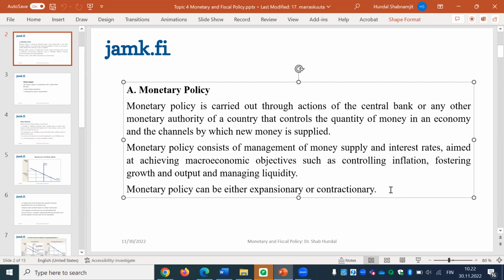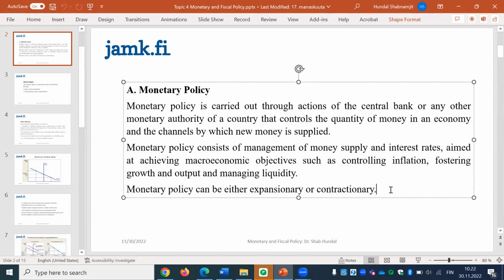The best way to calm it down is to take away the surplus money supply from the economy. You can't just enter people's houses and rob the money. That is not what I mean by taking away the money. You can do it this way: the central bank can increase the rate of interest.